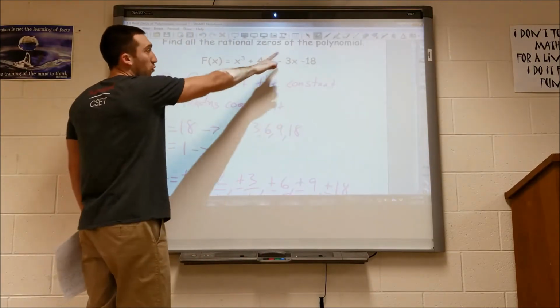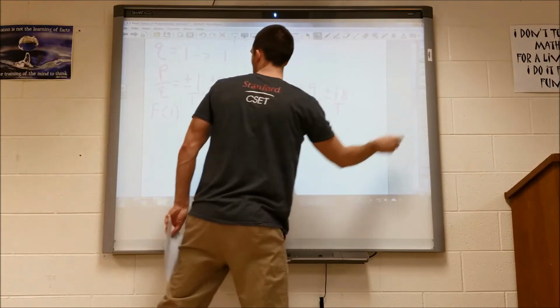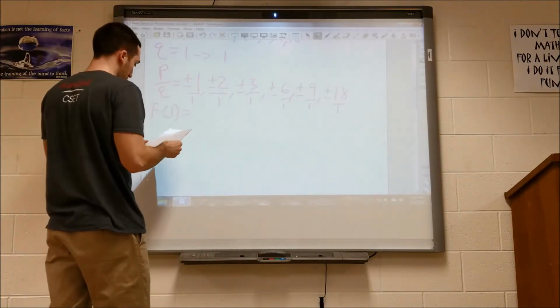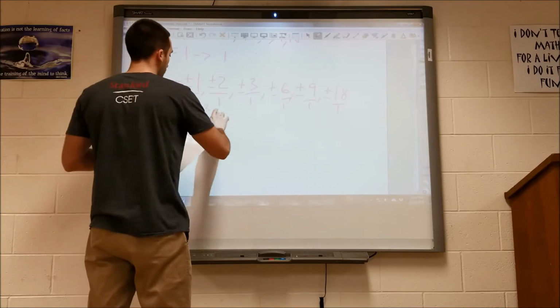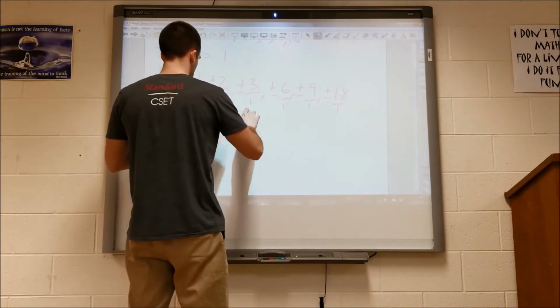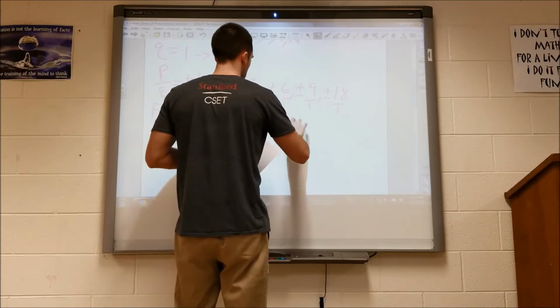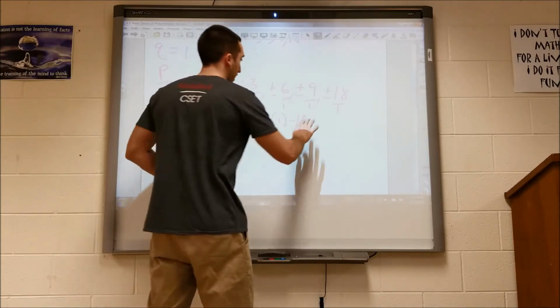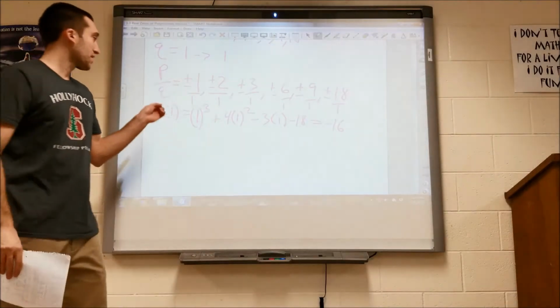And now I'm just going to plug a 1 in wherever I see an x. So f of 1 is going to be equal to 1 cubed. Remember, whenever I plug it in, I put it in parentheses. Okay, and when I solve that, that gives me negative 16.